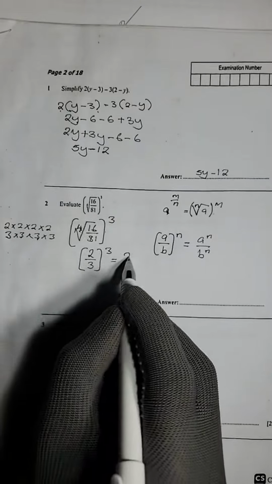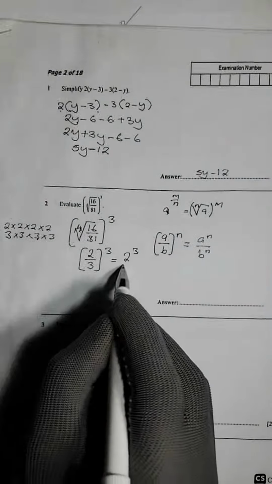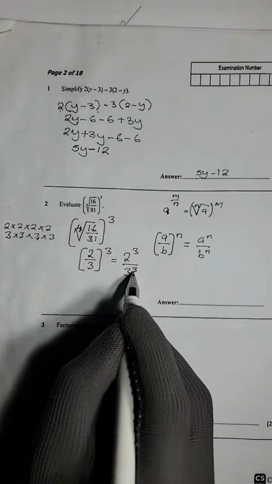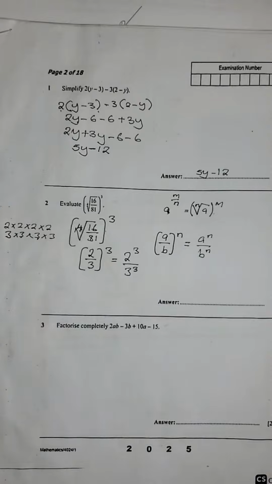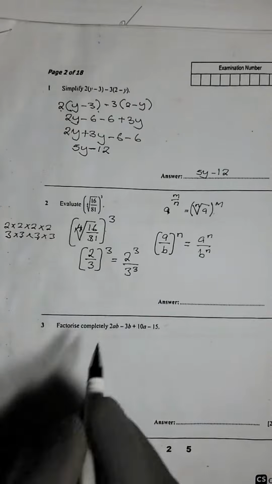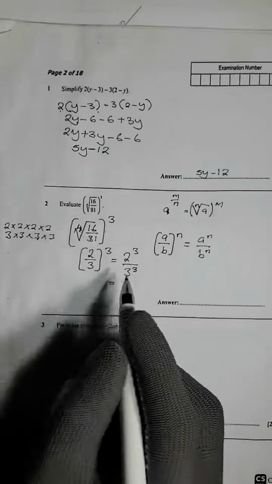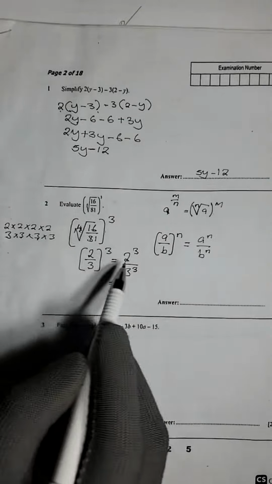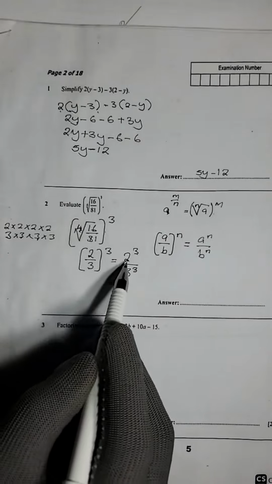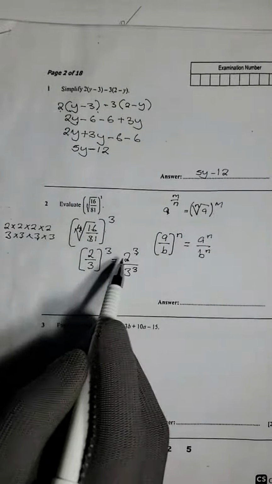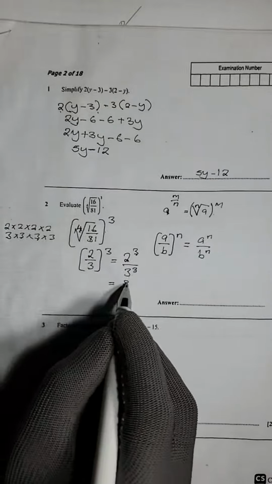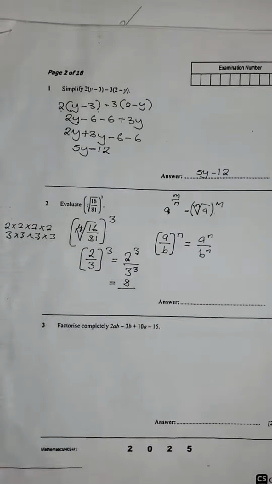This will be 2 to the power 3 over 3 to the power 3. Then we solve. 2 to the power 3: 2 times 2 times 2 is 8.